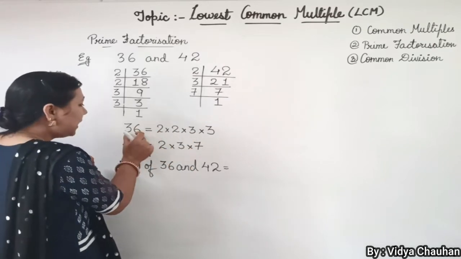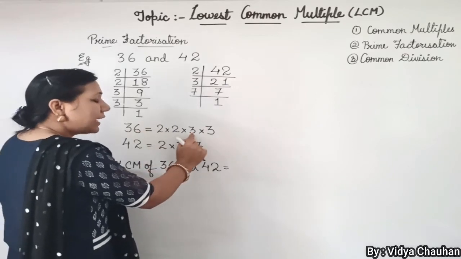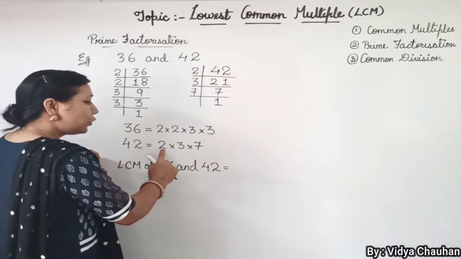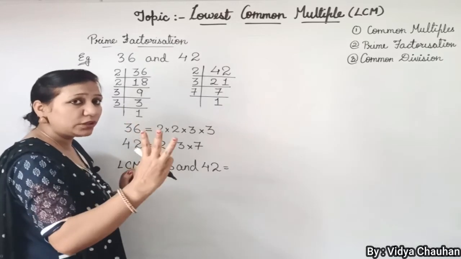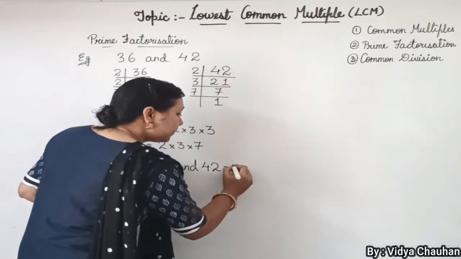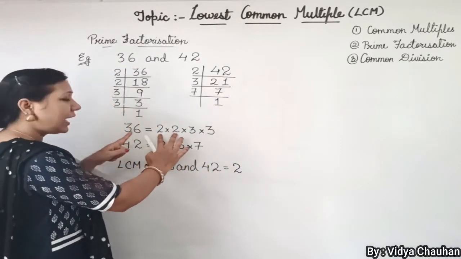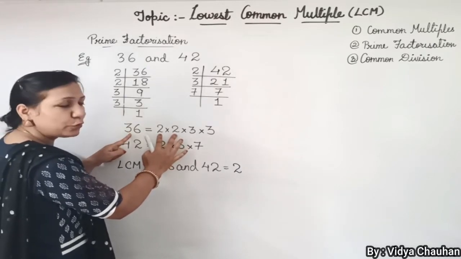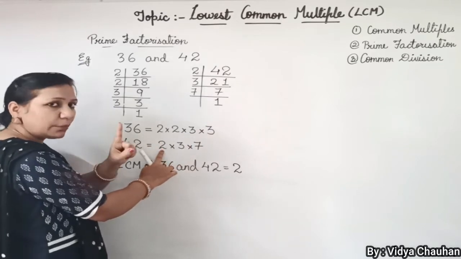So if I talk about the factors of 36, I have 2 and 3. The factors of 42 are 2, 3 and 7. That means we are going to write all three values, 2, 3 and 7. Now, how many times is 2 repeated in the factors of 36? 2 times. The factor 2 is coming 2 times here, and in 42 it is only coming 1 time.